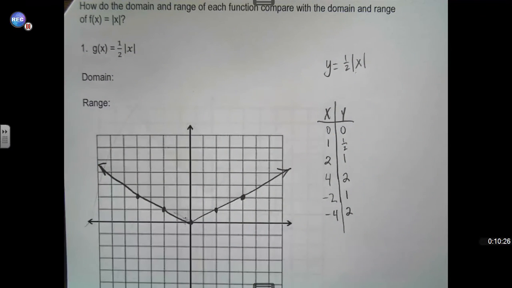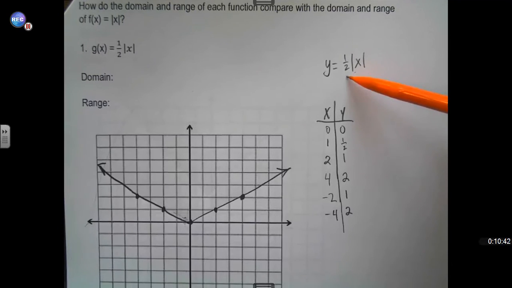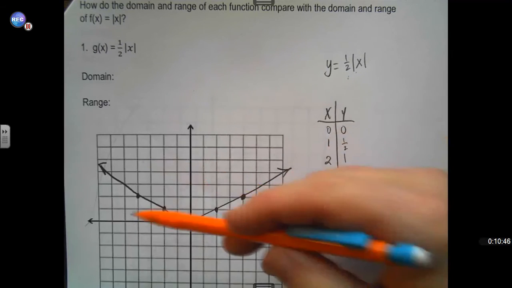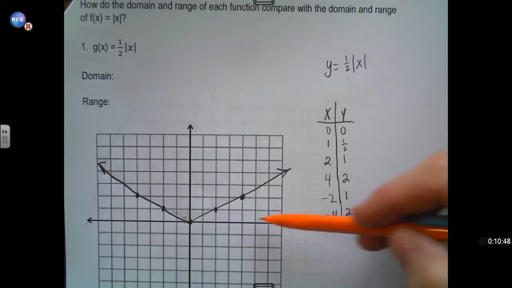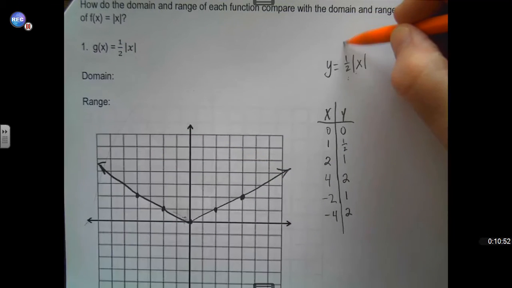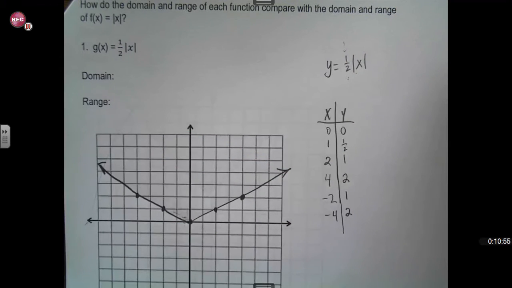And if you notice, what it did was it took that parent function and it stretched it out. It made it wider, it made it flatter, whatever you want to say about it. And in fact, as this 1/2 approaches 0, 1/2 changes to 1/4, 1/8, 1/16, 1/32, the flatter and flatter this graph will be to where it's almost going to look linear at some point. Okay, that's what the number in front of x does to the graph.